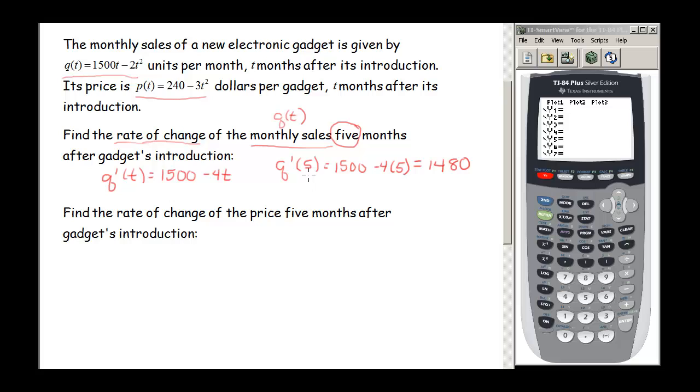So 5 months after the introduction, that's what this 5 means, the monthly sales are increasing by 1,480 units per month.